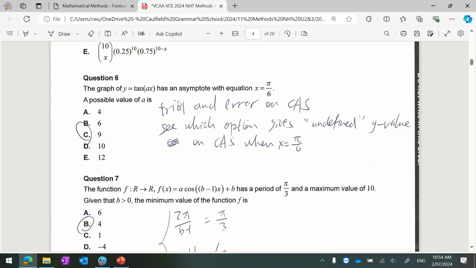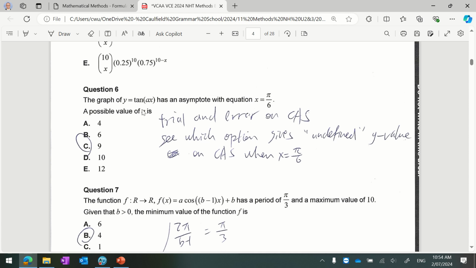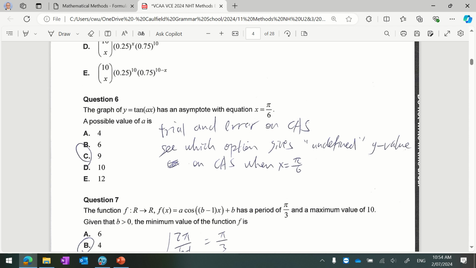If you don't know which one this is referring to, you don't know if this is the first one after x equals 0, or second one or third one, and so on. And you don't really know what they're looking for. Like there can be many possible values of A, so there can be many correct answers to this.